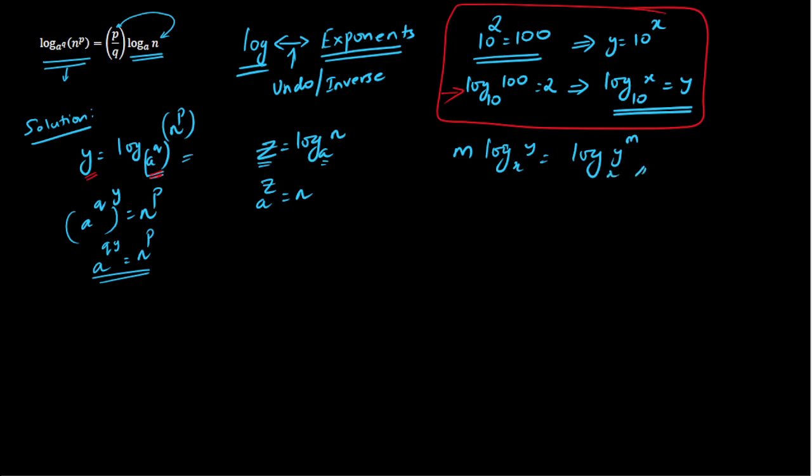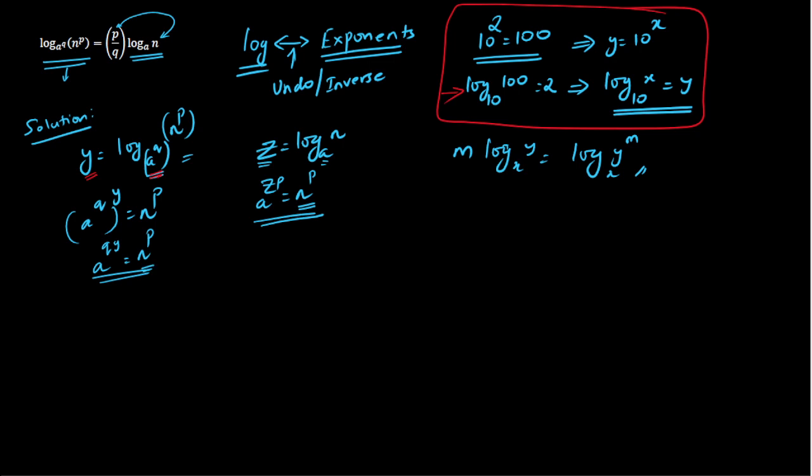This is allowed. So I'm bringing the p here. For that, I'm raising the right-hand side to p, and so the left-hand side to p. So we arrived at this by raising both sides to power p. So we got n power p on the right-hand side, n power p on the left-hand side.